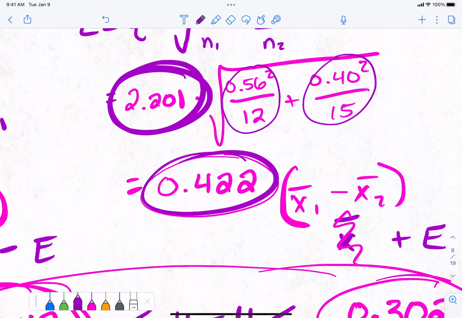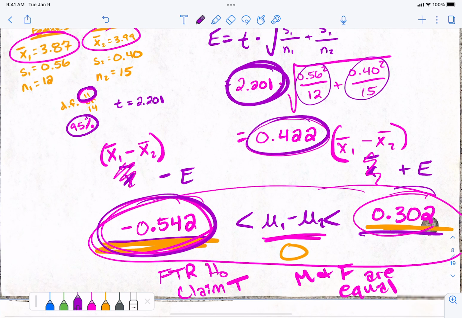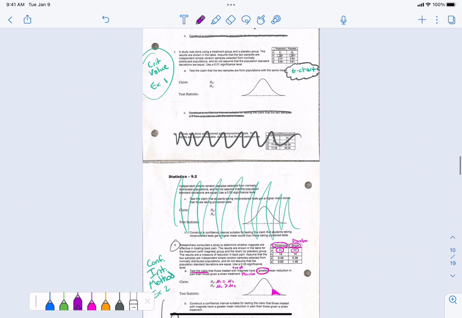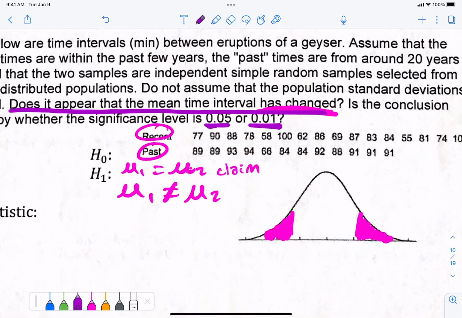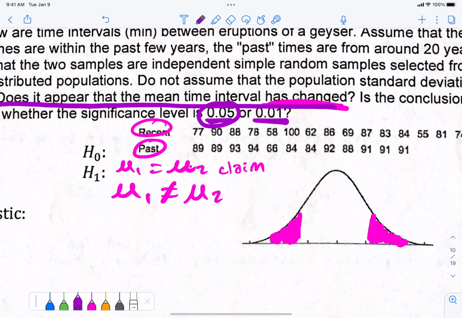Calculate a new t and see if that makes 0 not live there or 0 yes live there from one to the other. So you will have to calculate it like twice. Change your significance level from 0.05 to 0.01. You're going to look at them twice.